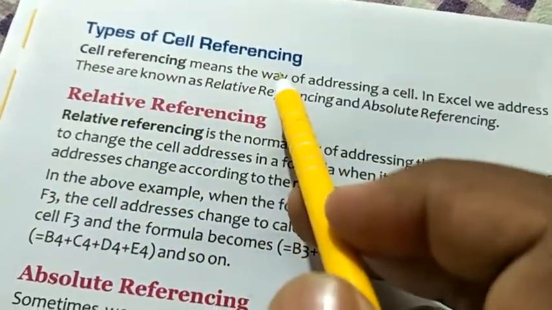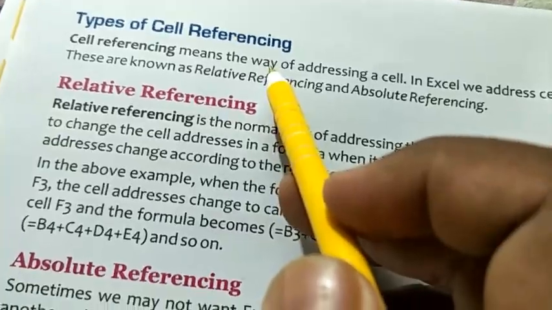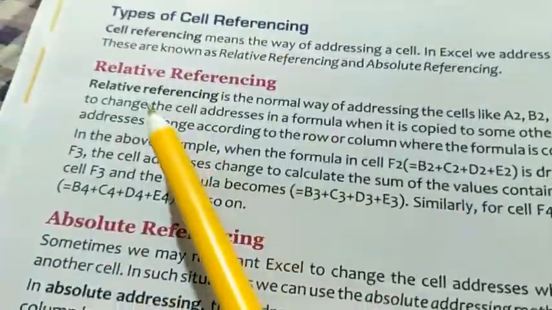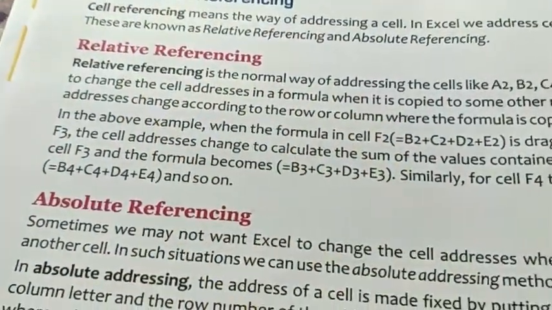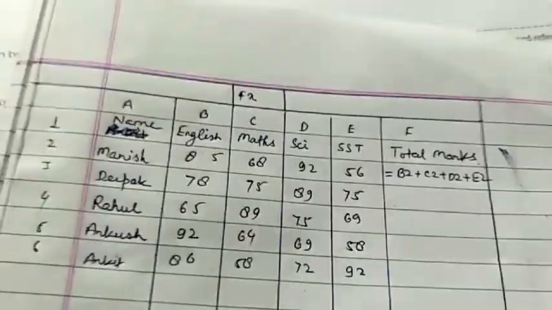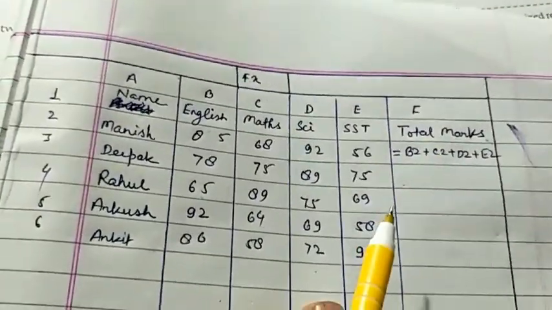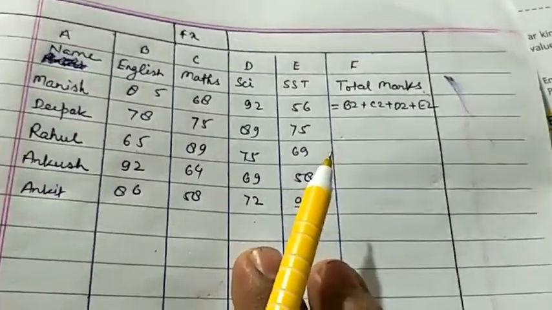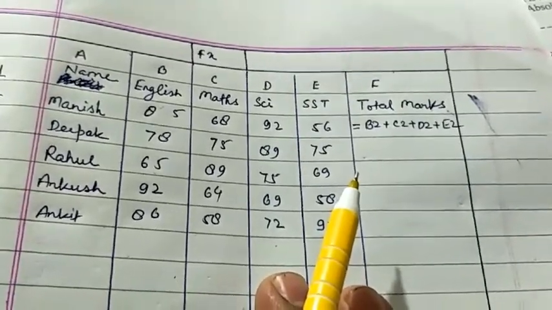Now this is the new topic, types of cell referencing. There are two types of cell referencing, relative referencing and absolute referencing. To understand this topic you have to see this example. Look here, what is the use of relative reference and absolute reference?